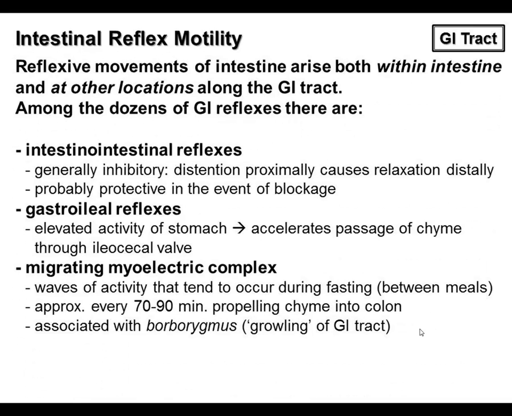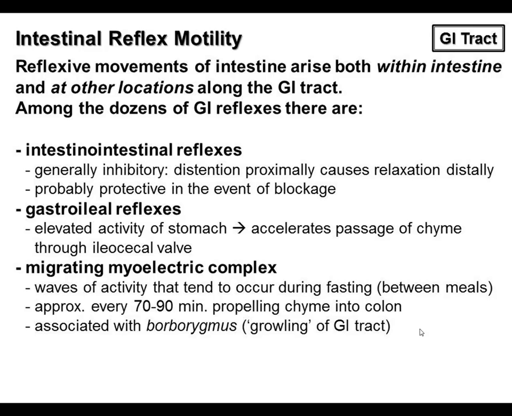Okay? All right, these are reflexes. I'm assuming that there might be a question on the reflexes that we have for intestinal motility. One is called the intestinal reflex, and as I explained before, if you have stretching of a proximal region, then the region immediately distal to it is going to relax.